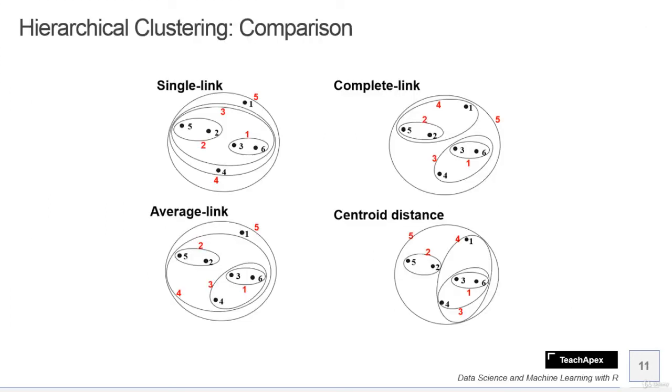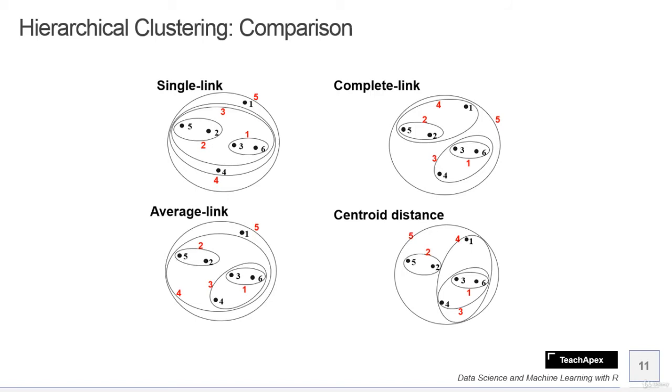Next we have the hierarchical clustering comparison. There we have four: single link, complete link, average link, and centroid distance. While making the clusters, we have to understand these links. Firstly, for the single link, as you can see, 5, 2 and 3, 6 were formed within a single link, and in the complete link they are separated here and complete the circle.